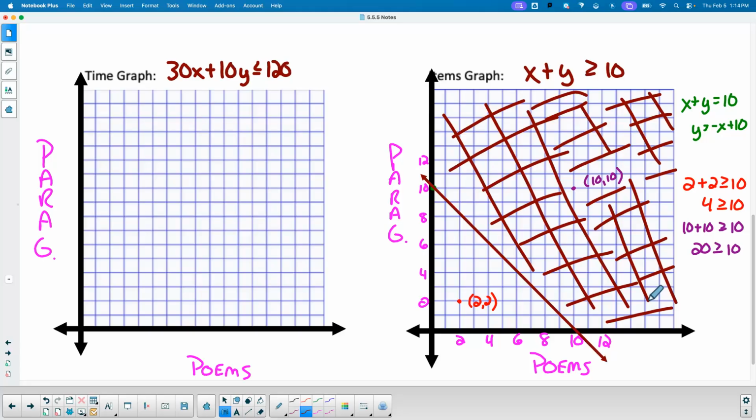Let's do the other one via the intercept method. So if I have the x-intercept, that would be where y is 0. So that would be 30x equals 120. So x would equal 4.